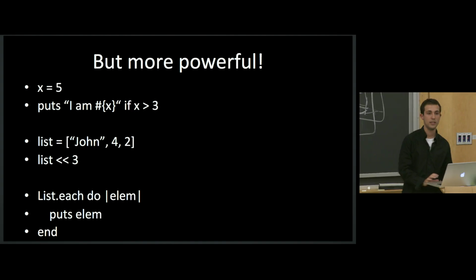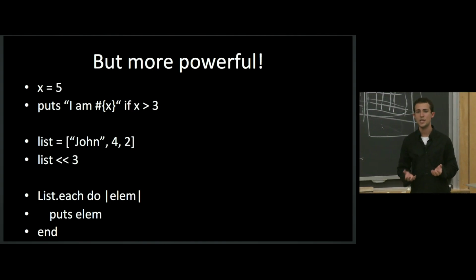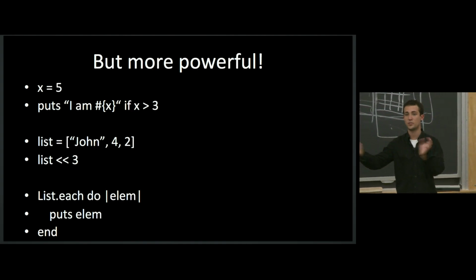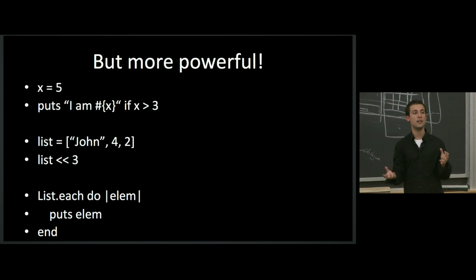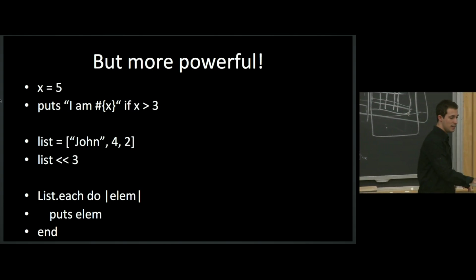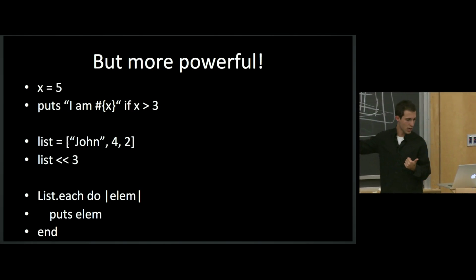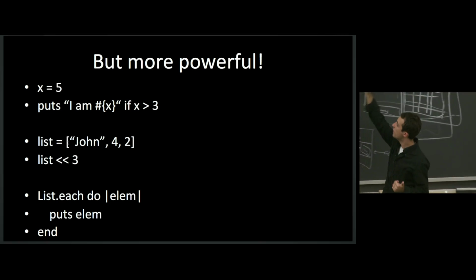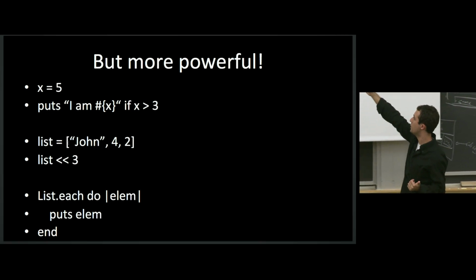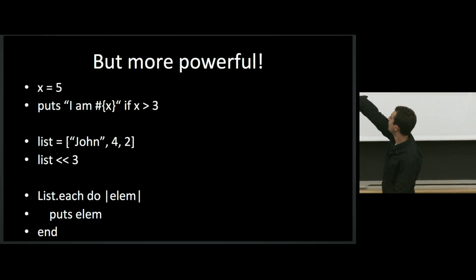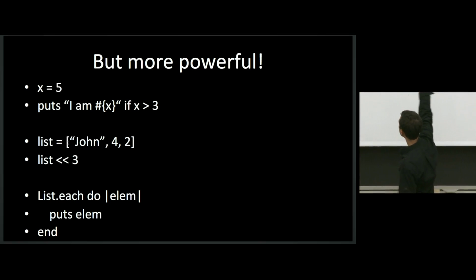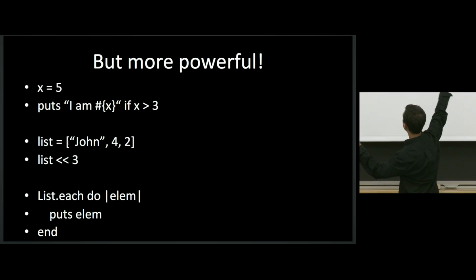And then a list. Lists in C, like an array, you have to keep track of how big your array is, otherwise you get a segmentation fault. Your array is only one type, so it's either an array of chars or an array of integers. In this case, I created a list here that's an array where the first element is a string, John, and then 4, 2, those are integers. And then I just add list << 3.